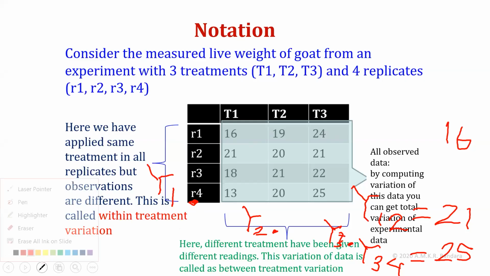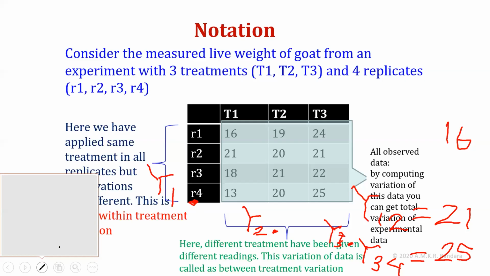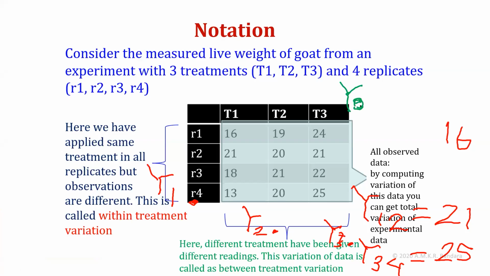To denote the first replicate total, I can write Y, then a dot in the place of treatment because that value does not belong to any treatment, and then 1. That means first replicate total. Second replicate total is Y dot 2. Third replicate total follows likewise.